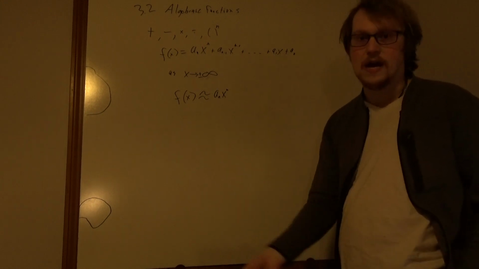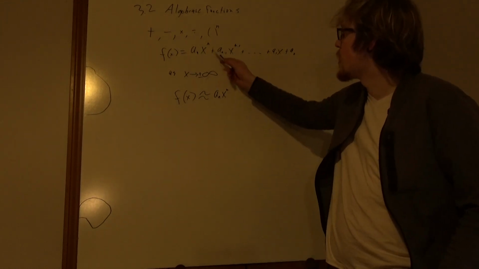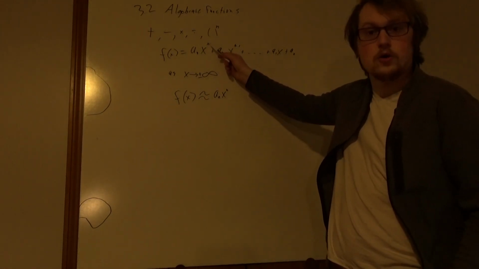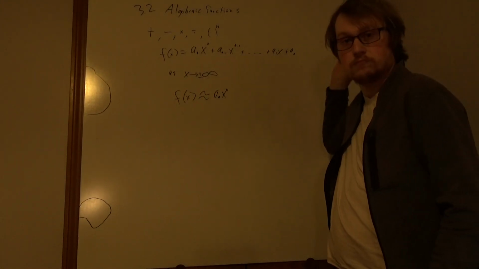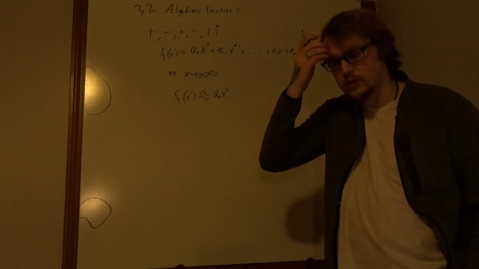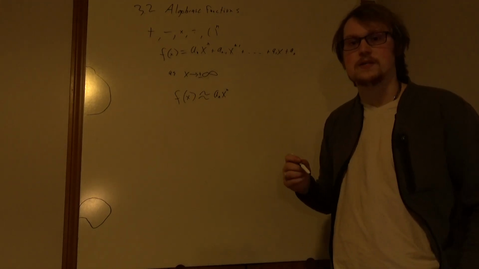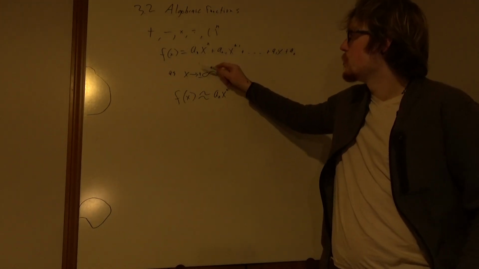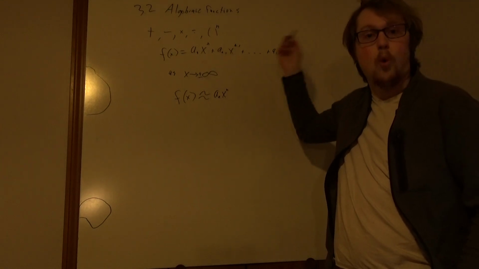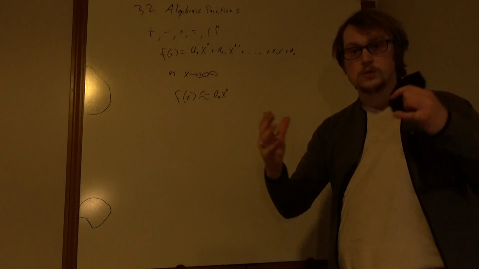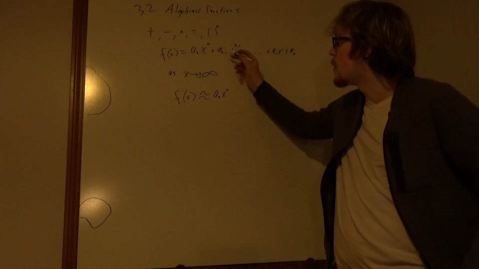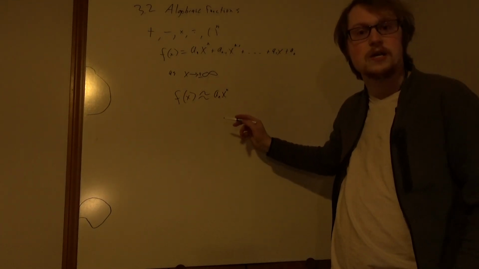And this is again for exactly the same reason. We know that x to the n is going to grow or shrink faster than x to the n minus 1 and faster than everything else. And so the effects that this term contributes for very large x values dwarf the effects of everything else. And so at very, very large values, or when you zoom out really far, these two look the same.